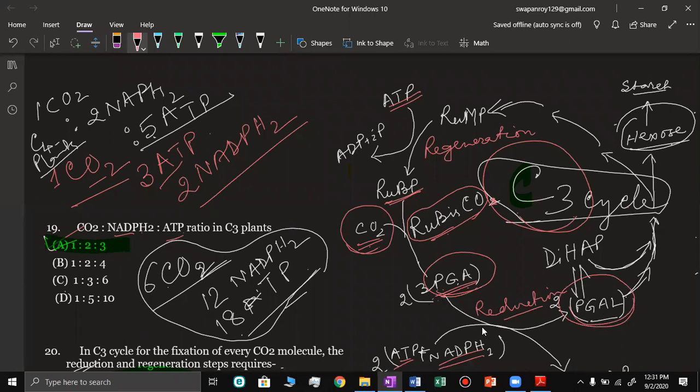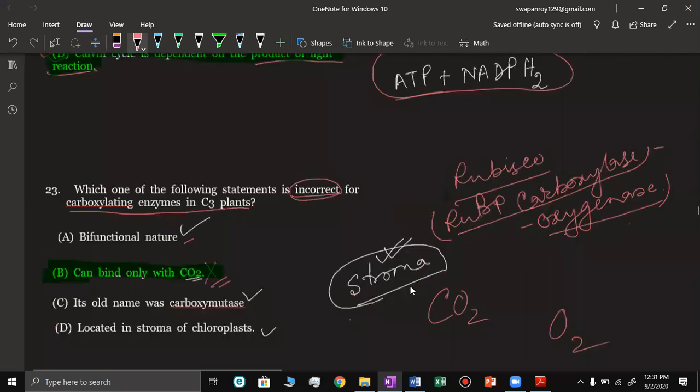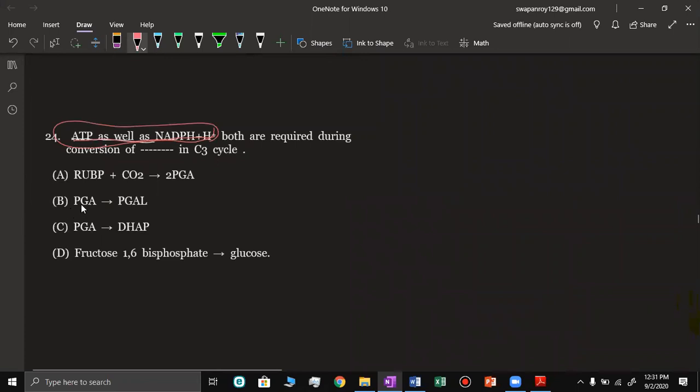So this is the reduction step, and our answer will be PGA to PGAL.